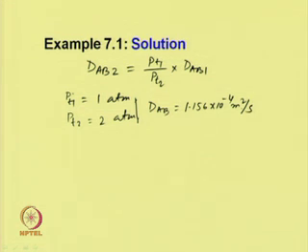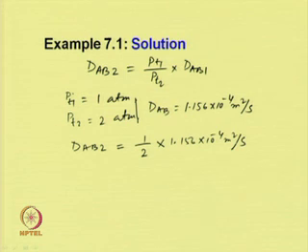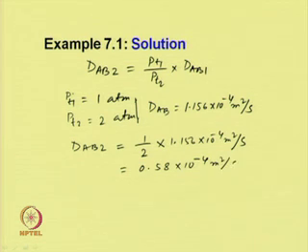So, we can calculate DAB2 is equal to 1 by 2 into 1.156 into 10 to the power minus 4 meter square per second, which is equal to 0.58 into 10 to the power minus 4 meter square per second.